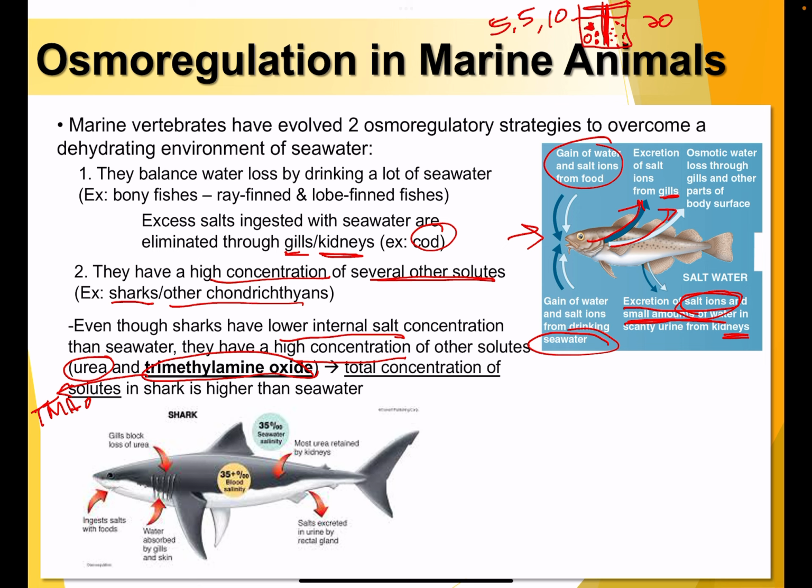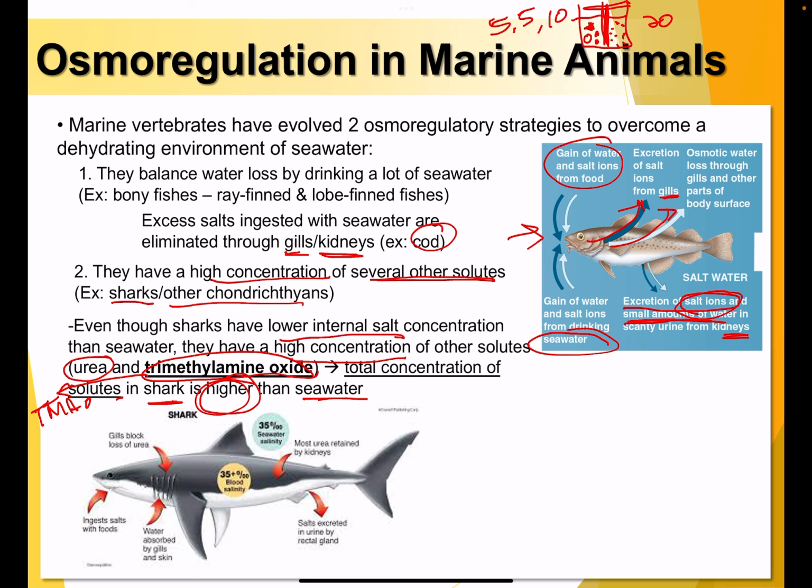It doesn't matter what it does, okay? It is, I think, a type of organic molecule inside the shark's cells. And with that and the salt concentration they have added together, their total concentration of solutes in the shark is actually a bit higher than seawater. Just a bit, not too much, just a bit higher.